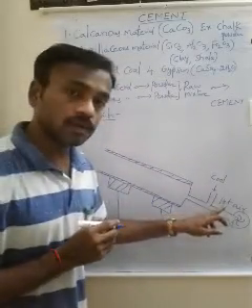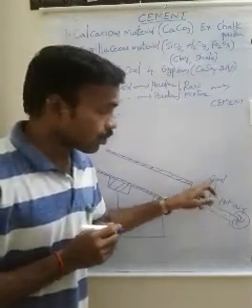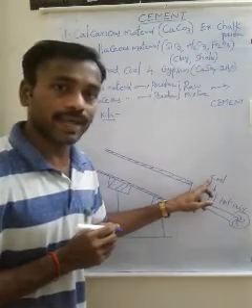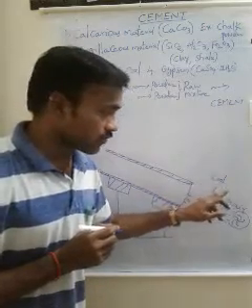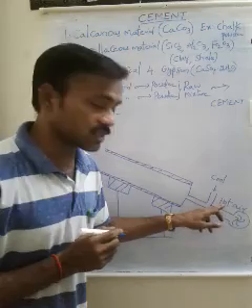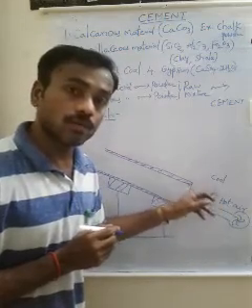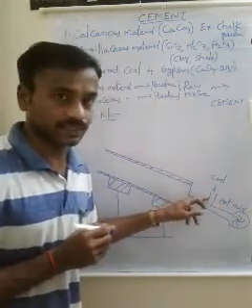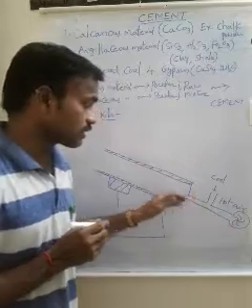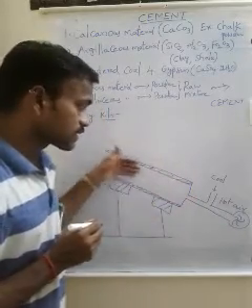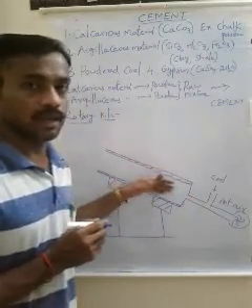Here in hot air the coal burns. Here coal acts as fuel. So whenever coal is mixed with hot air, the coal burns and produces heat. Due to that heat, high temperatures are maintained in the rotary kiln.